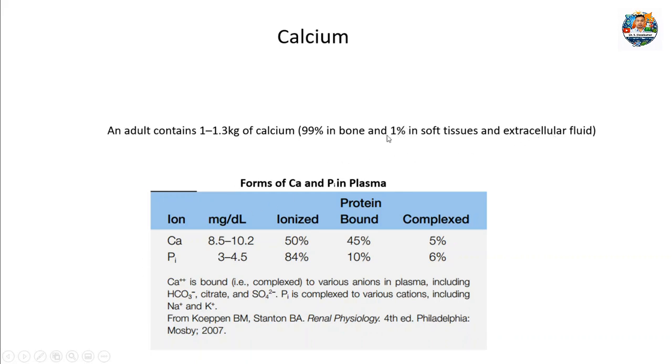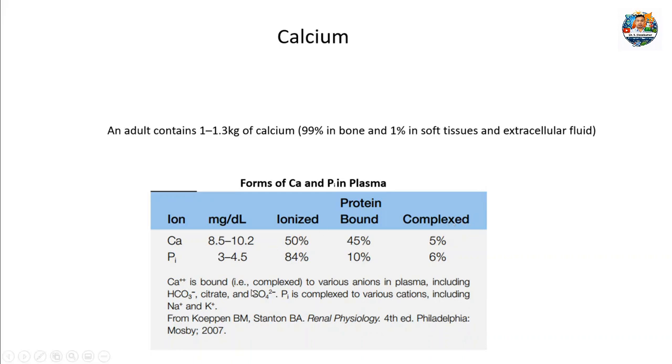So coming to this 1% of calcium, and particularly in plasma, the calcium is not present in one single form. It is present in three different forms. Either it may be present as ionized calcium, or it may be bound to protein, or it may be complexed with other ions or other molecules.